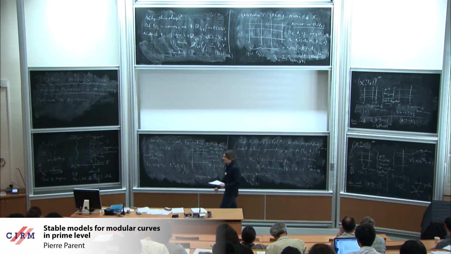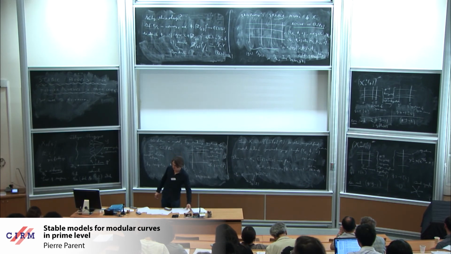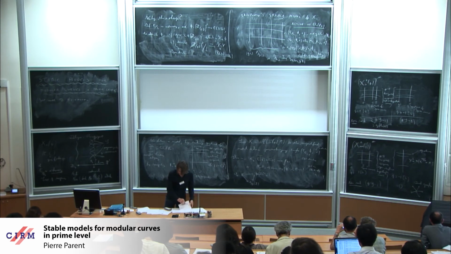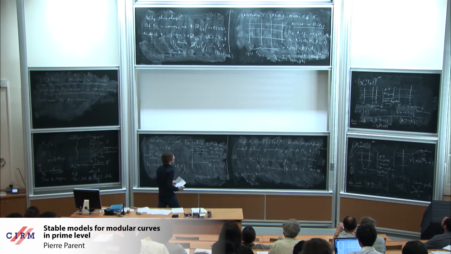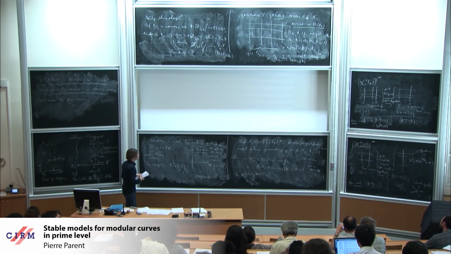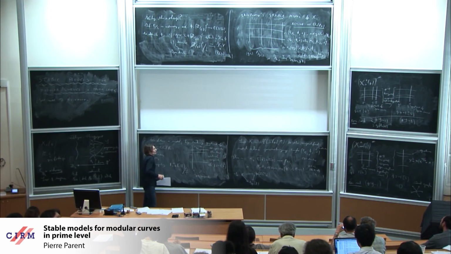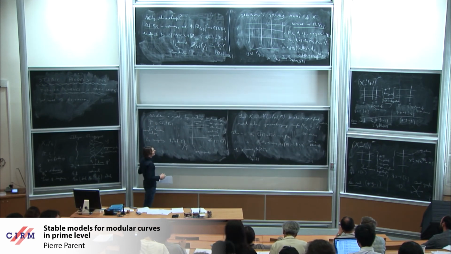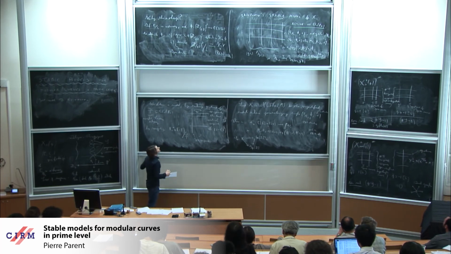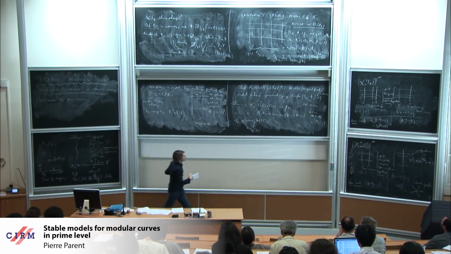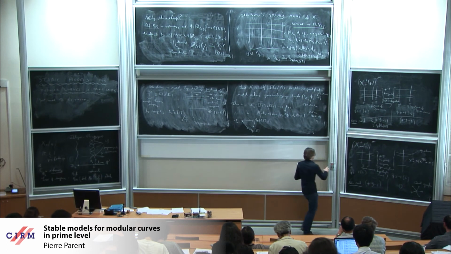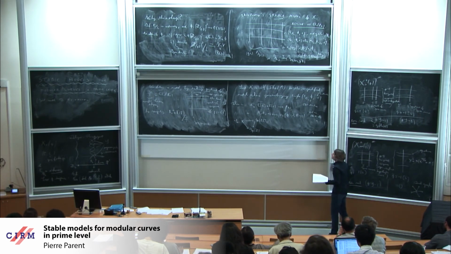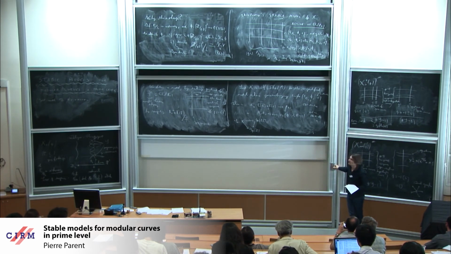And in the remaining three minutes, perhaps, I will just focus on the concrete case of X non-split 13, which was studied by Balakrishnan and others, to which they managed to apply their new Chabauty method. And I said at the beginning that they needed their curve to have good reduction at p, which is here 13.